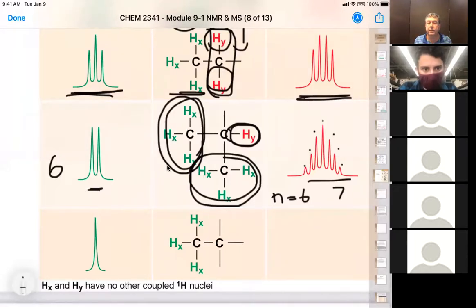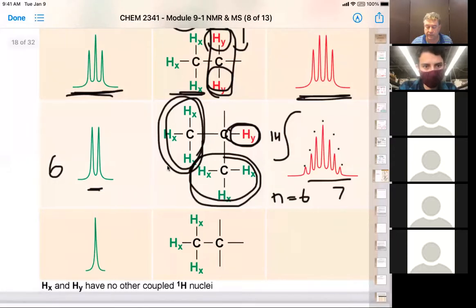So that's showing us that we can follow all these rules and look for these patterns. And you'll see that this also integrates to 1 hydrogen. So by adding the number of splits to the integration, it'll help you identify which segment of the compound you have.